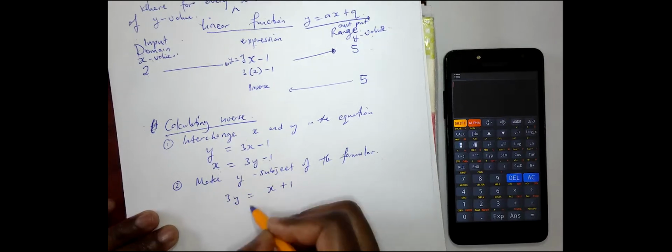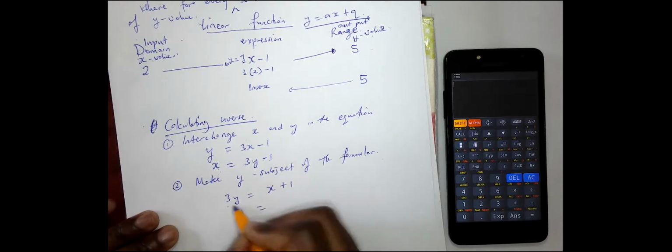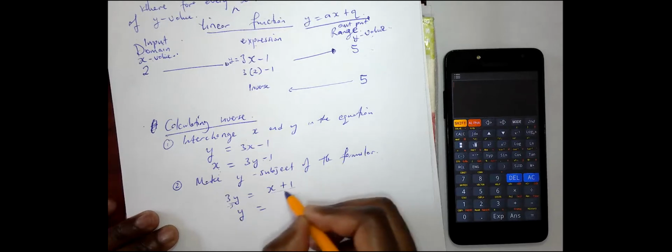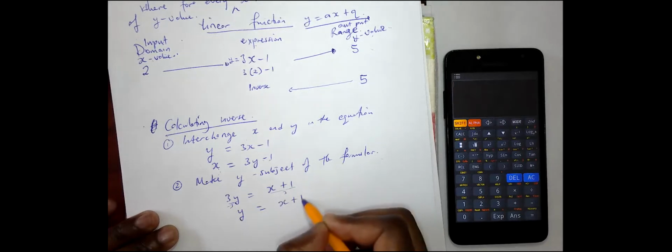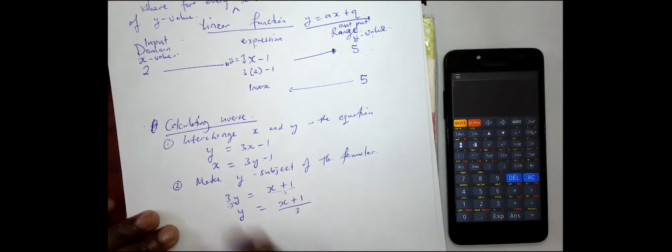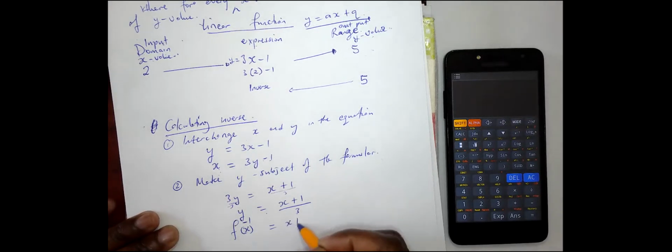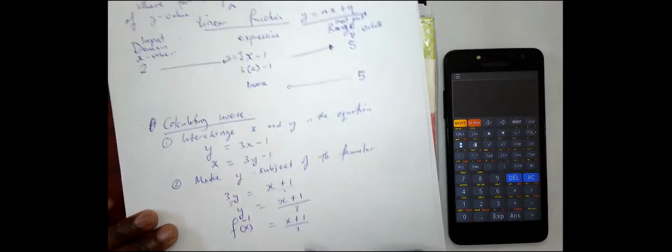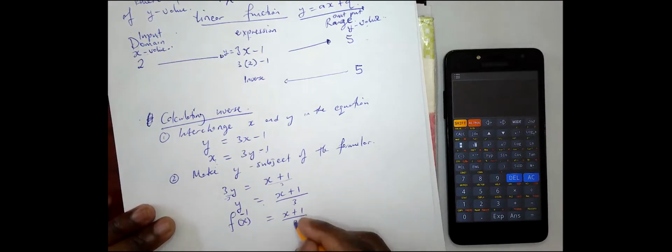Then we divide by 3 both sides, so y equals x plus 1 over 3. This is what we call the inverse, and we represent the inverse by f to the power of negative 1 of x, which is x plus 1 over 3.